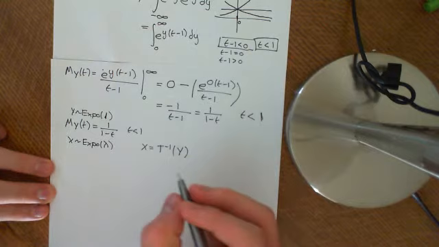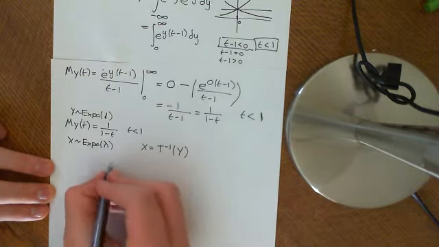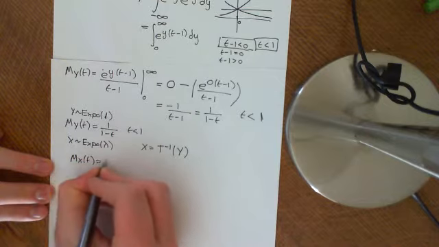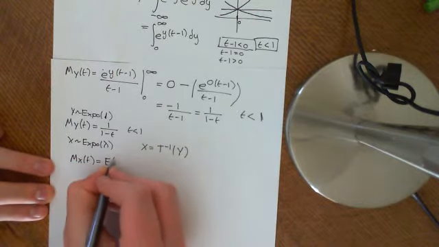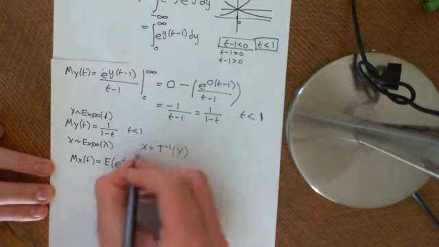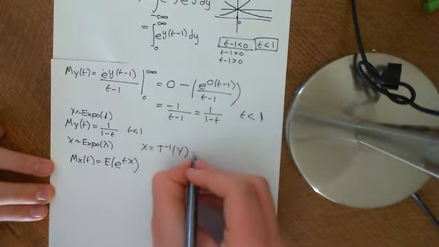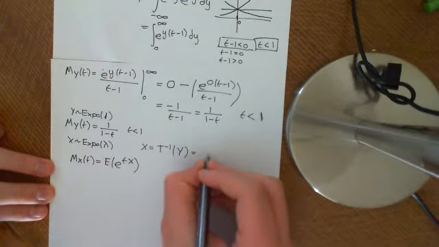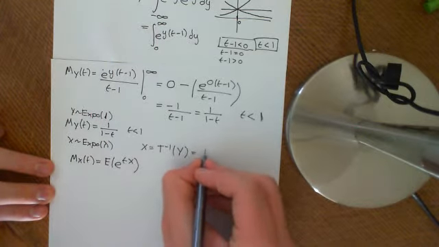So if we view it like that, then we can say, what is the MGF of x as a function of t? Well, it's going to be the expected value of e to the tx, but look at this, t inverse is multiplying y by 1 over lambda.